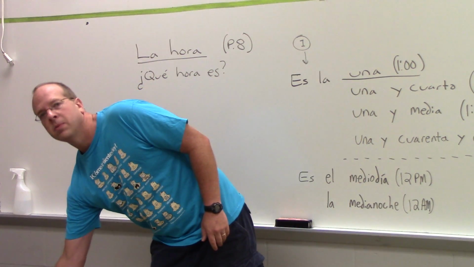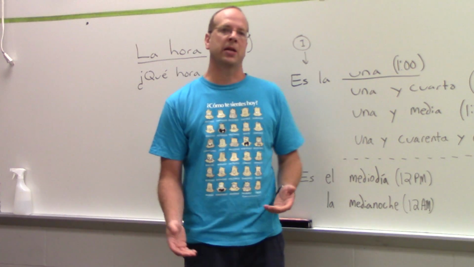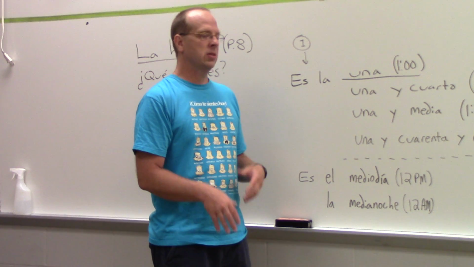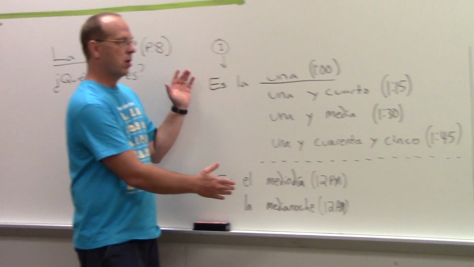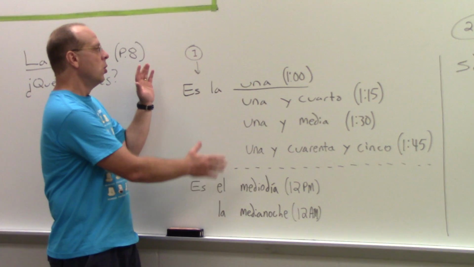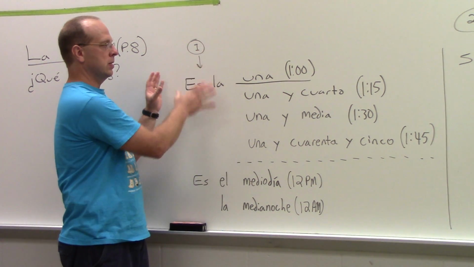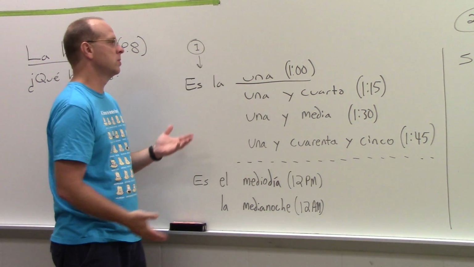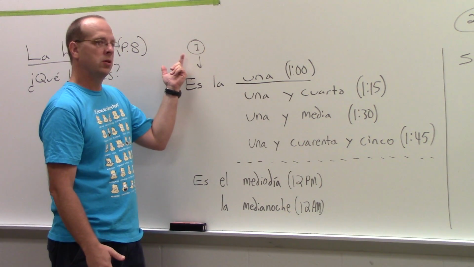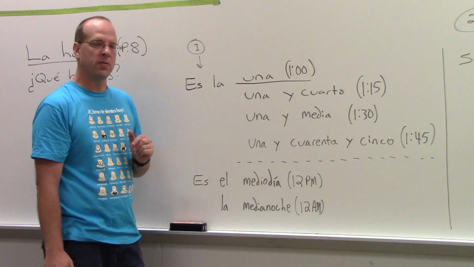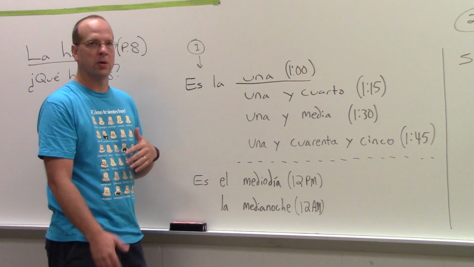When you're talking about the time in Spanish, there are two basic ways to express it. We're going to start with the smallest one, the one that is used the least, because it's only used one out of the 24 hours of the day.